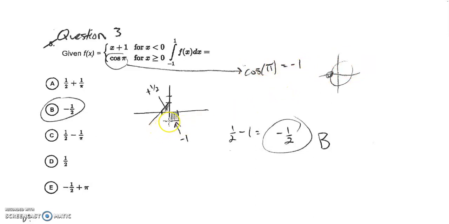That means that from 0 on, it goes below the axis down there at 1, right? So what's the area of this thing? It's a positive half. What's the area of this thing? It's a -1. So when I add those two areas, I get a half minus 1, which gives me -1/2, which is B.